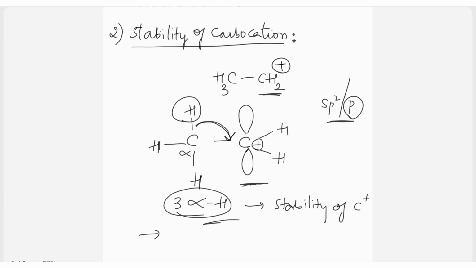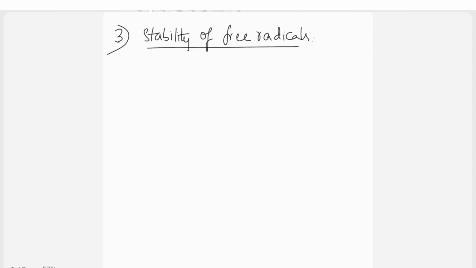This way, if we look at the order, methyl carbocation is less stable compared to primary carbocation, that is CH3 CH2 plus. Then comes the secondary, that is CH plus with 2 methyl groups, CH3 and CH3. Then comes the tertiary, that is a carbocation with 3 methyl groups. This is the increasing order of stability because of the increased hyperconjugation. This is the second application of hyperconjugation.